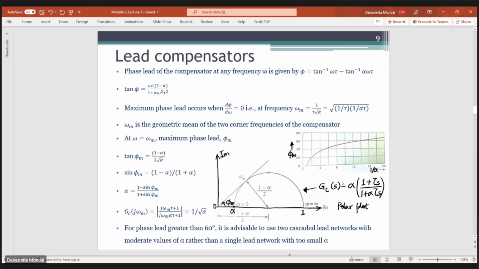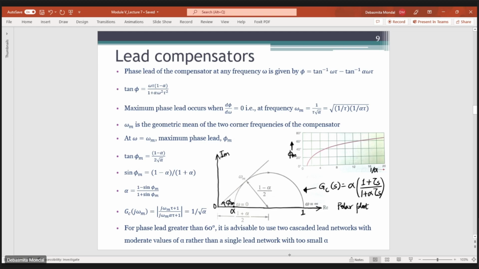Now the disadvantage of the lead compensator, or the important consideration here, is that you have to choose the value of alpha depending on the inherent noise of the system. Generally the frequency of the noise signals is much higher compared to the control signal frequency. If you see the Bode plot, at high frequencies, where we have the noise, there is a gain amplification by a factor of 20 log 1 by alpha.